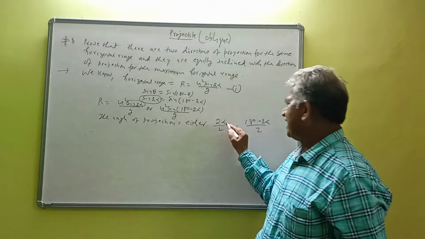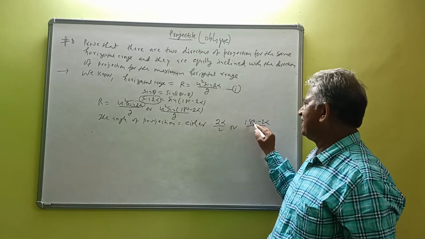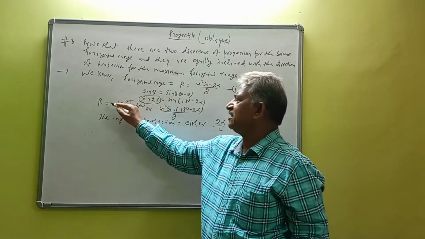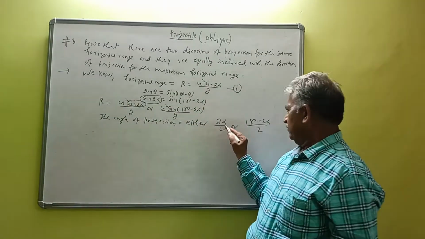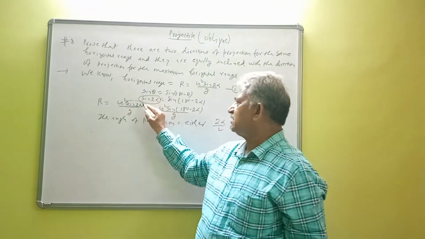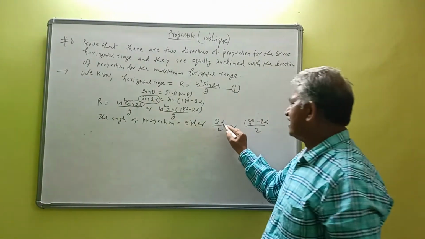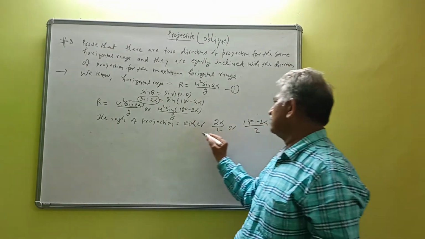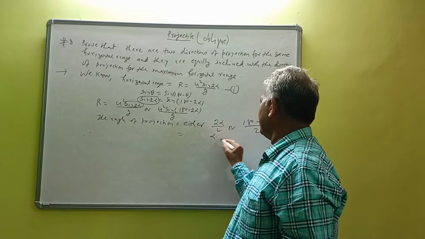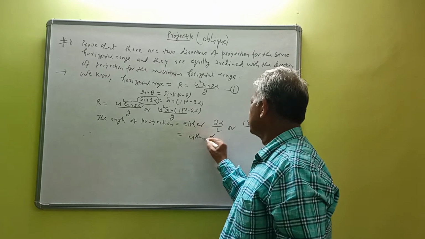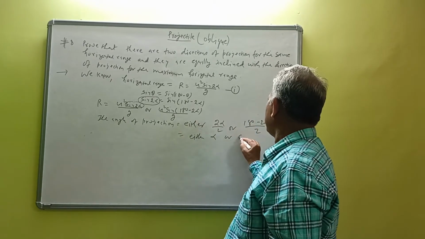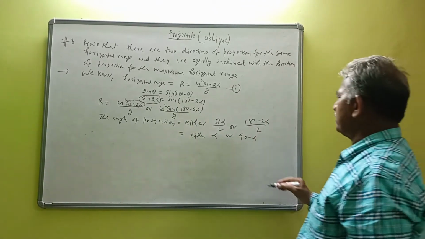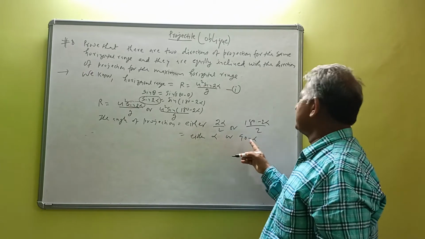So here the angle is 2 alpha and here the angle is 180 minus 2 alpha, and the same horizontal range comes. Therefore we divide by 2, because in this relation half of this angle is the angle of projection. So similarly here, half of this angle is the angle of projection. So here alpha, either alpha or 90 minus alpha. So there are two directions, either alpha or 90 minus alpha.